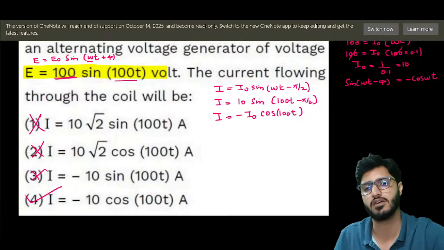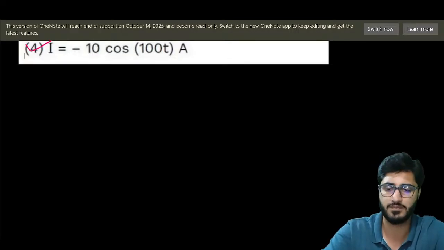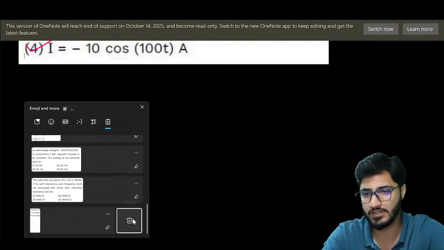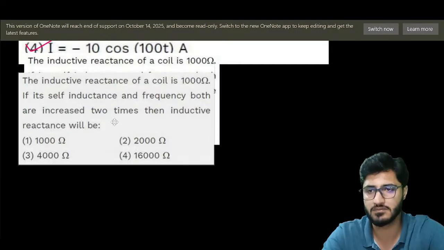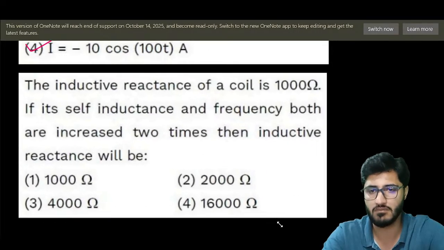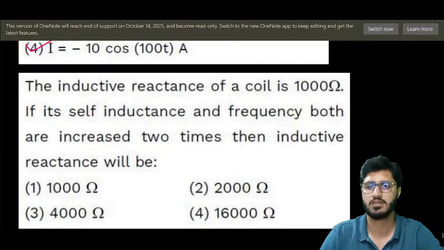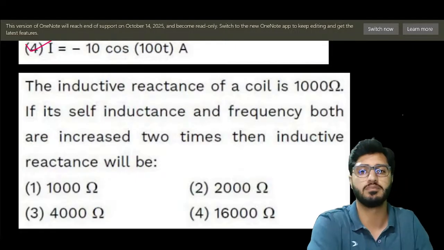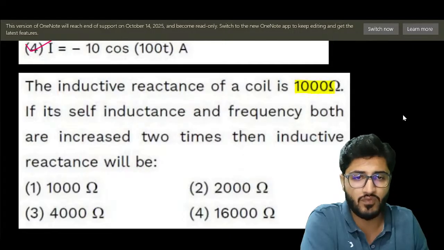Okay. Next numerical on the screen now. This one is done. The numerical is like: the inductive reactance of a coil is 1000 ohm. That simply indicates XL equals 1000 ohm.